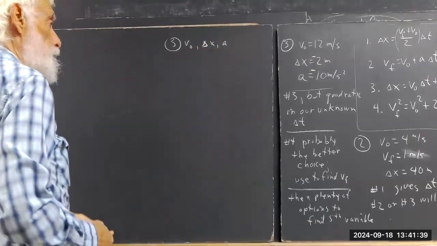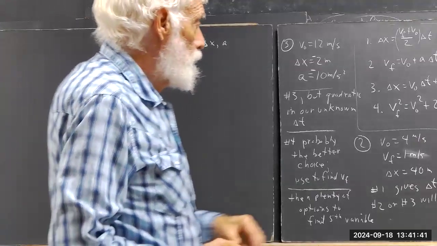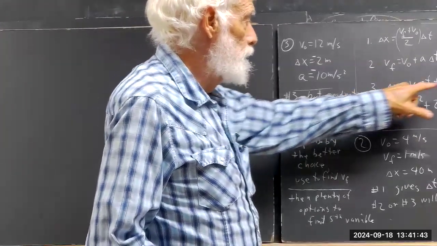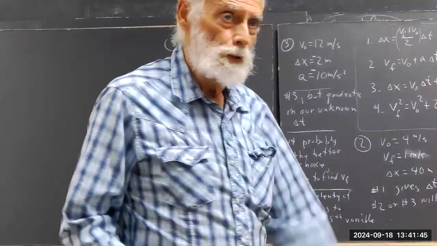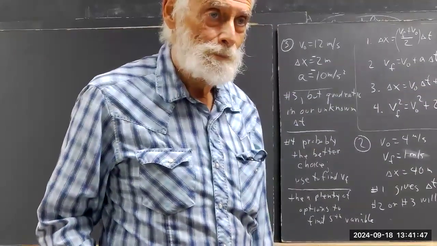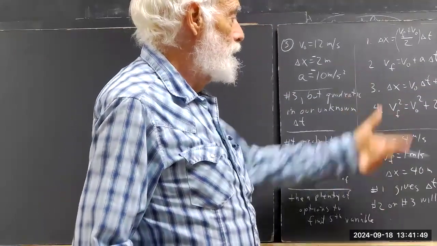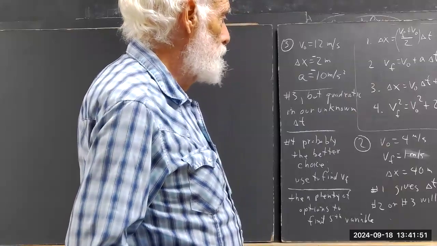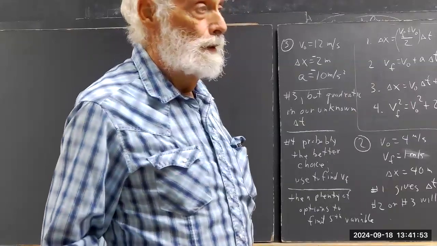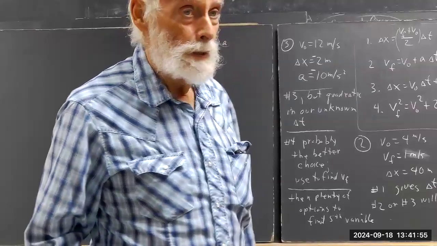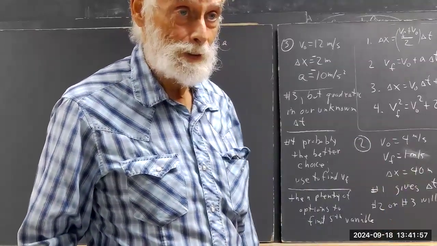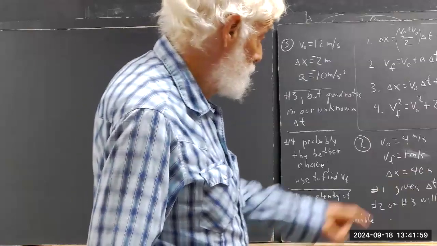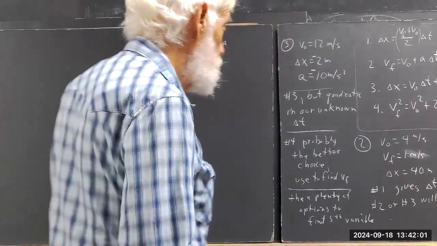You know V naught, delta X, and A. So you got V naught, delta X, and A here. You use a third equation, but it's quadratic, right? The fourth equation is also quadratic, but it's a little more obvious what to do with the plus and minus that you get. So go to the fourth equation.